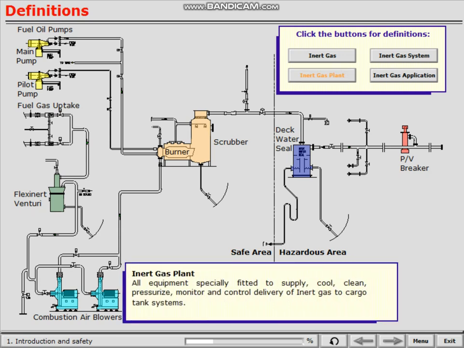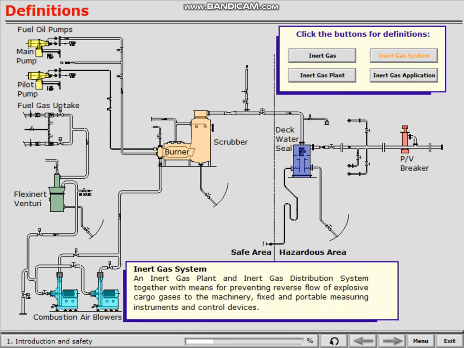All equipment specially fitted to supply, cool, clean, pressurise, monitor and control delivery of inert gas to cargo tank systems. An inert gas plant and inert gas distribution system, together with means for preventing reverse flow of explosive cargo gases to the machinery, fixed and portable measuring instruments and control devices.